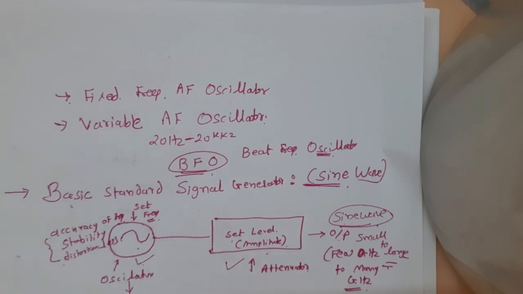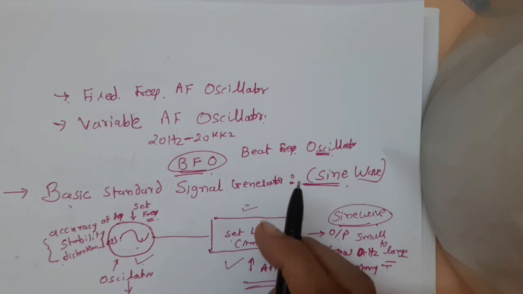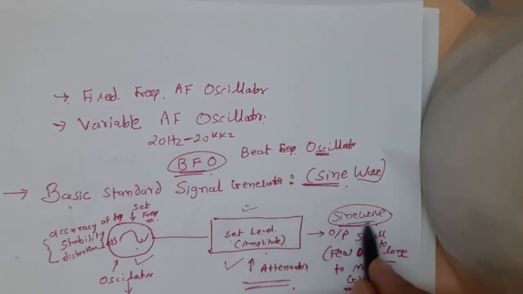These three main functions are done with the help of the oscillator, while the amplitude depends on the design of the attenuator. Which type of attenuator we are using sets the amplitude of our output sine wave.